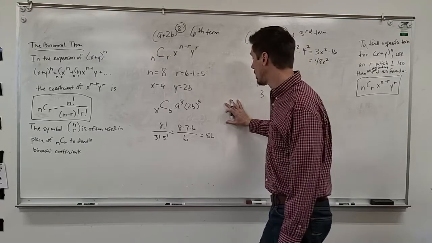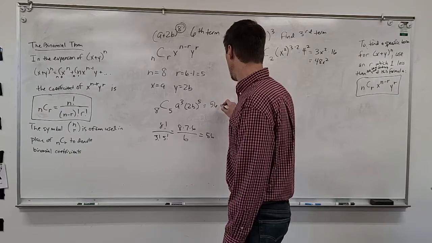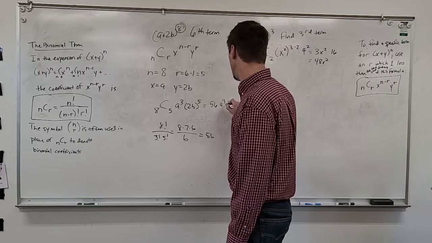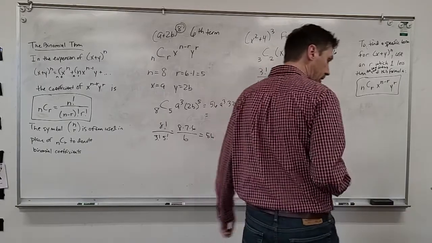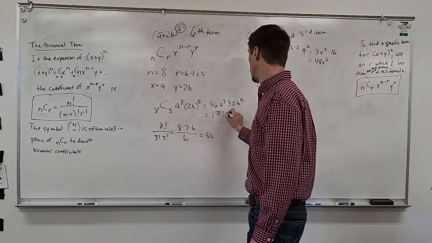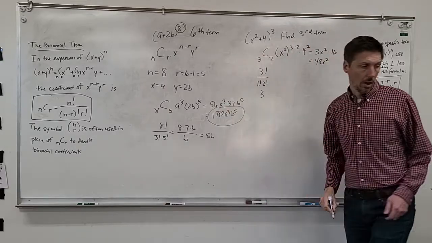Is that right? So then we've got this value here is 56 a cubed times 32 b to the 5th. And then whatever big number that is on the front there, 1792 a cubed b to the 5th. That would be our answer.